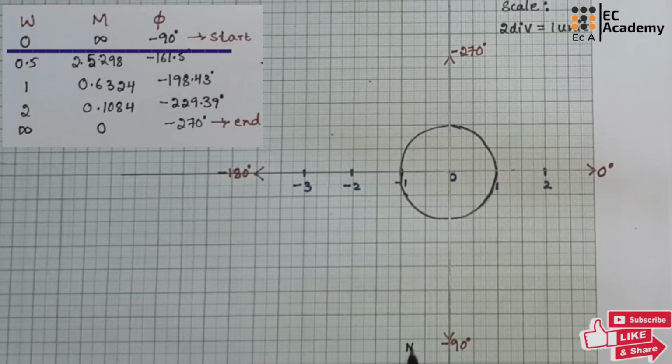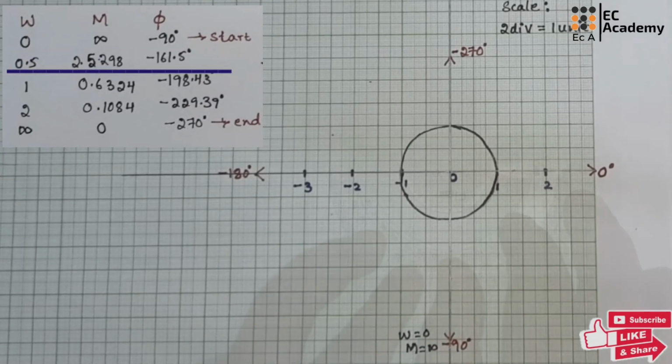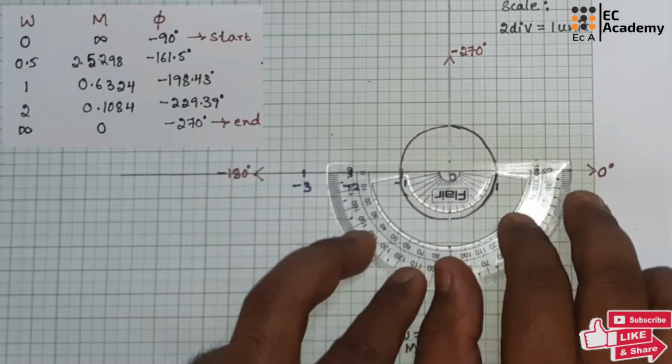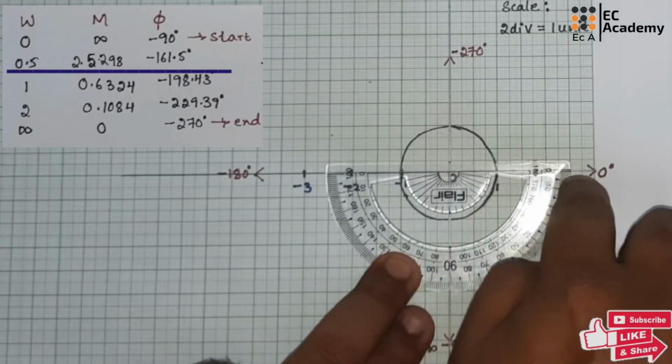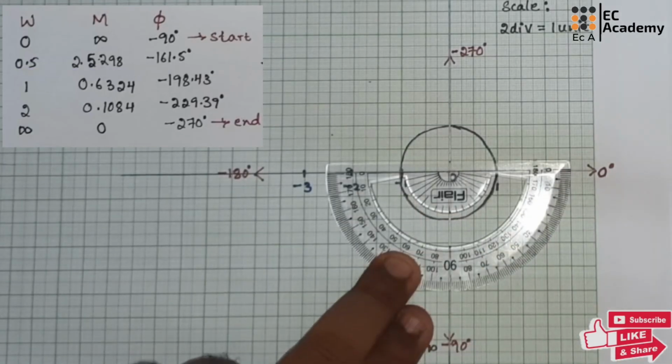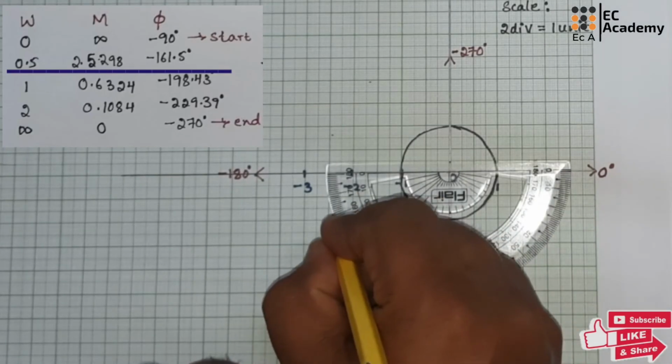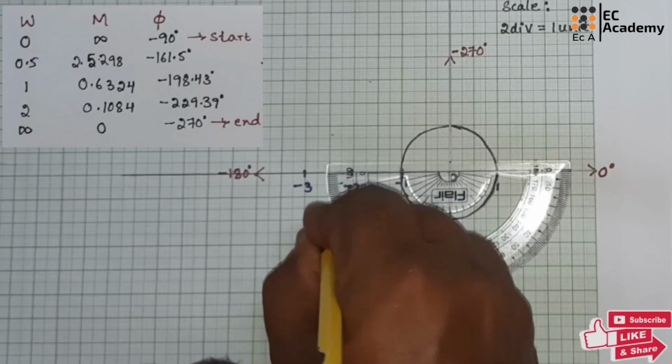At phase minus 161 degree, let us take the protractor and measure minus 161 degree from this origin. Approximately we will get minus 161 degree at this point.